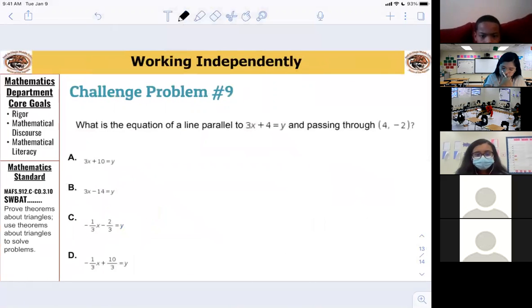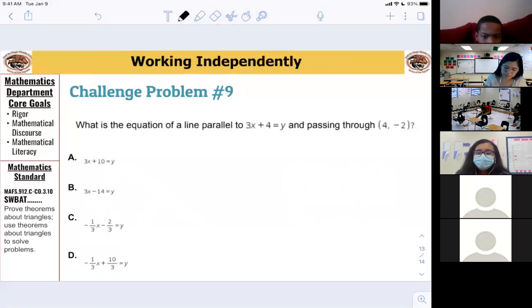Number 9. What is the equation of a line parallel to 3x plus 4 equals y and passing through (4, -2)? What was the annoyingly dumb thing they did in this problem? What's weird about the way this equation is written? It's not in y equals mx plus b.